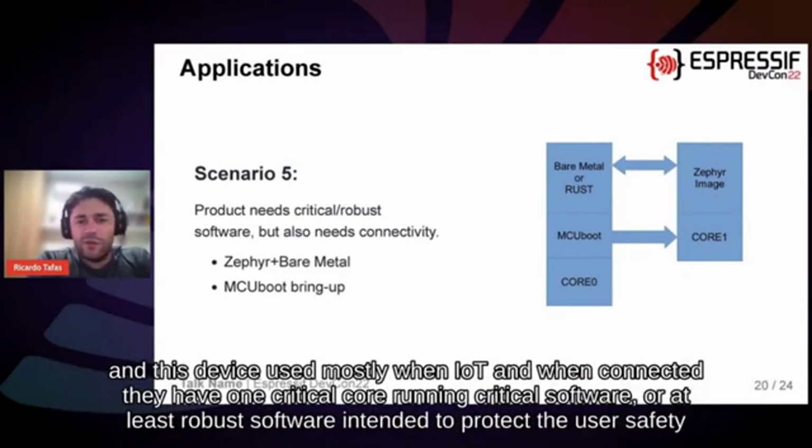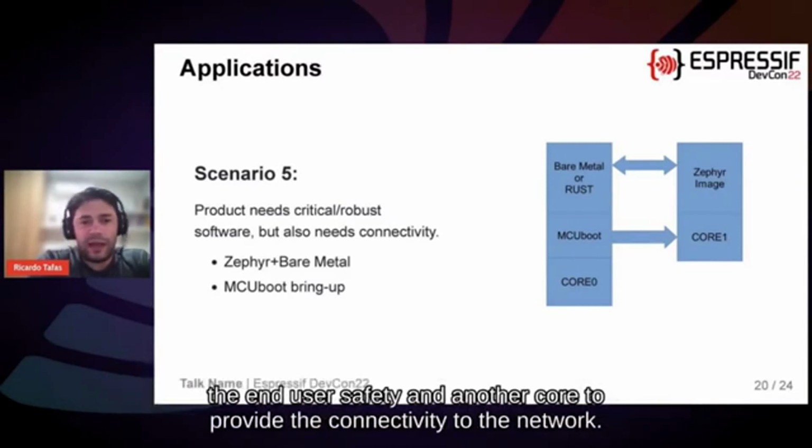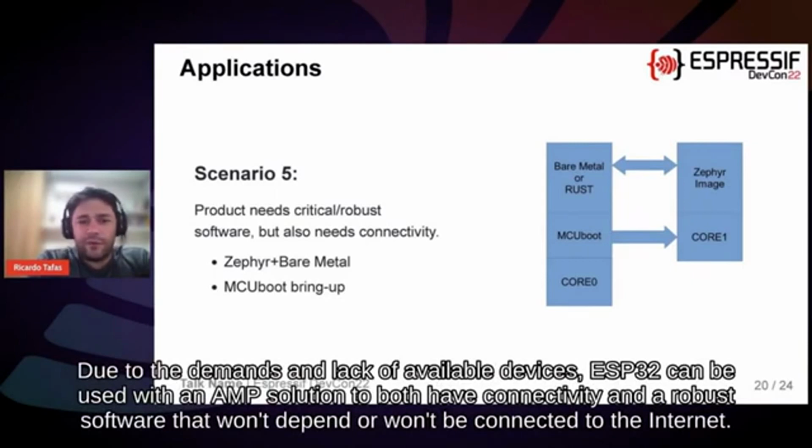And these devices, mostly when IoT and connected, have one core running critical software, or at least robust software intended to protect the end user's safety, and another core to provide the connectivity to the network. Due to the demands and lack of available devices, ESP32 can be used with an AMP solution to have both connectivity and robust software that won't be connected to the internet.